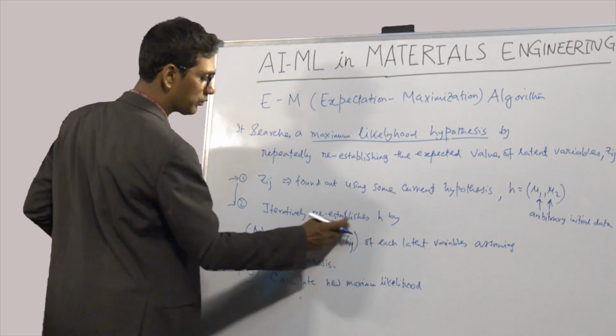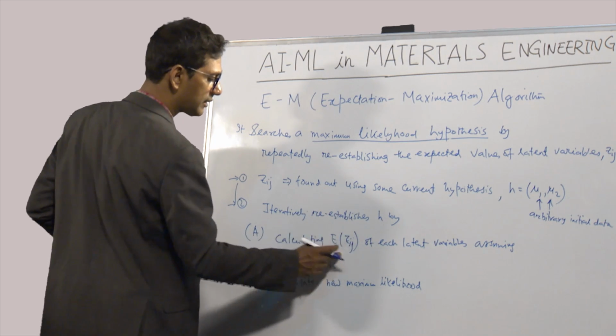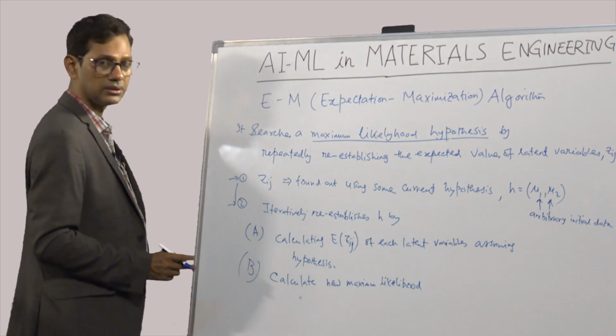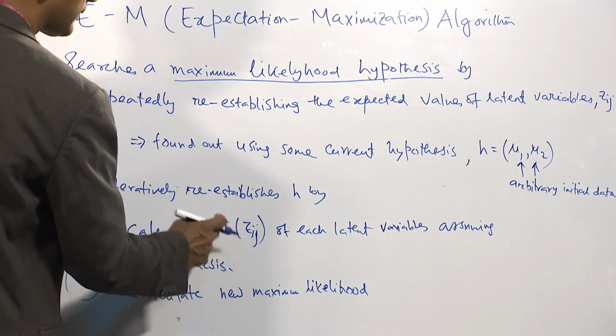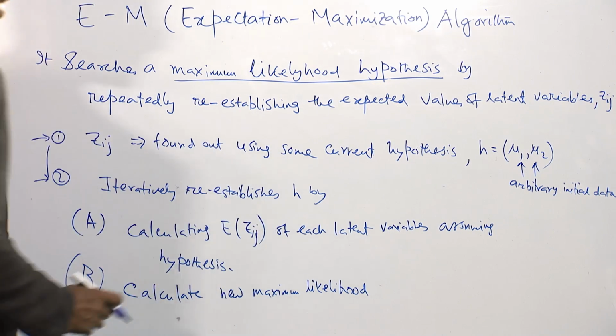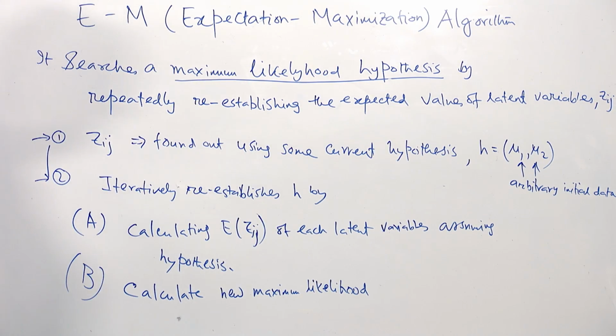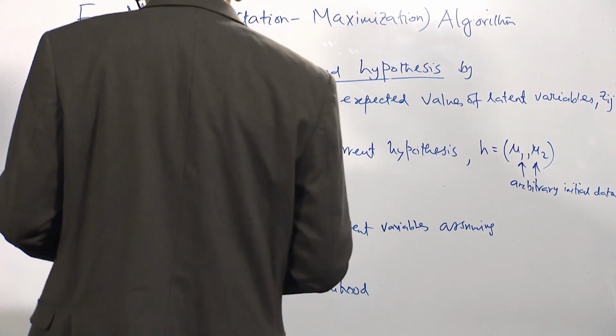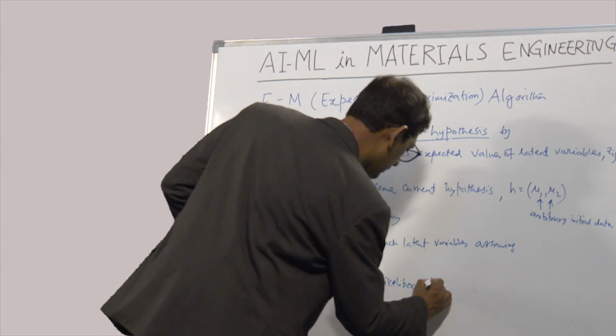So, basically you have to know whether this is correct or not, and in order to know that you have to maximize the values, right. That is what it is, the new maximum likelihood hypothesis.